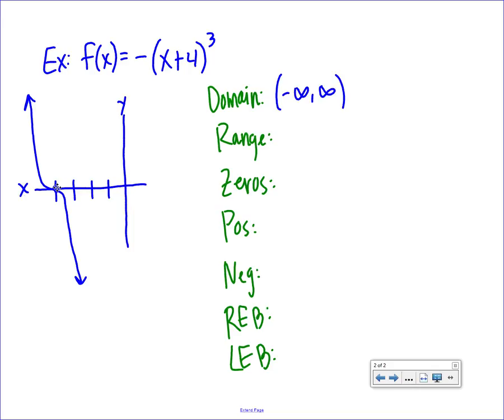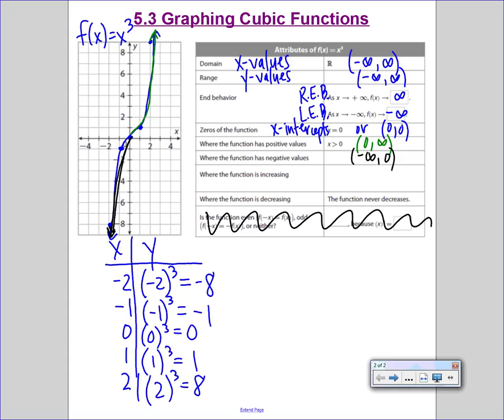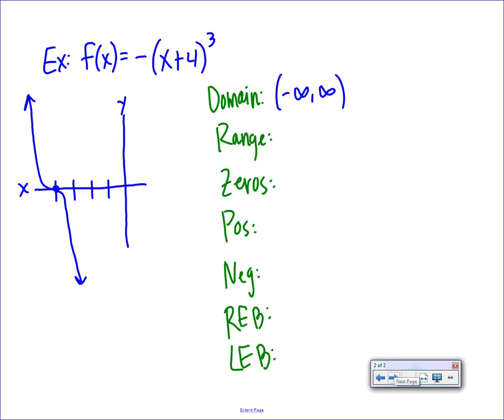By flipping the cubic function and shifting it over, does it change the x value? No, because the domain on our first one was the same thing, right? So can we say that all cubic functions will have a domain of negative infinity to infinity? Yes, all cubic functions do.